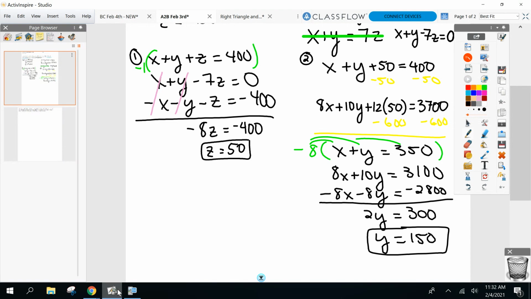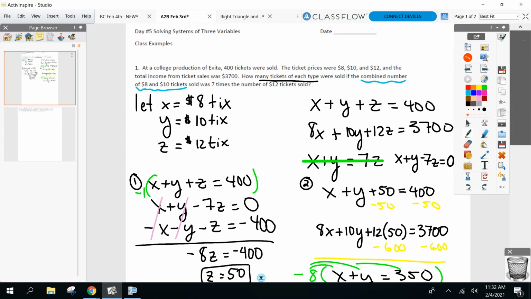You could use the equation with the 8x plus 10y plus 12 times 50. You could plug in the y and z. Yep. And get those numbers. Yep. And subtract that from 3. You got it. So what Sophia's doing is she's going back to the top.